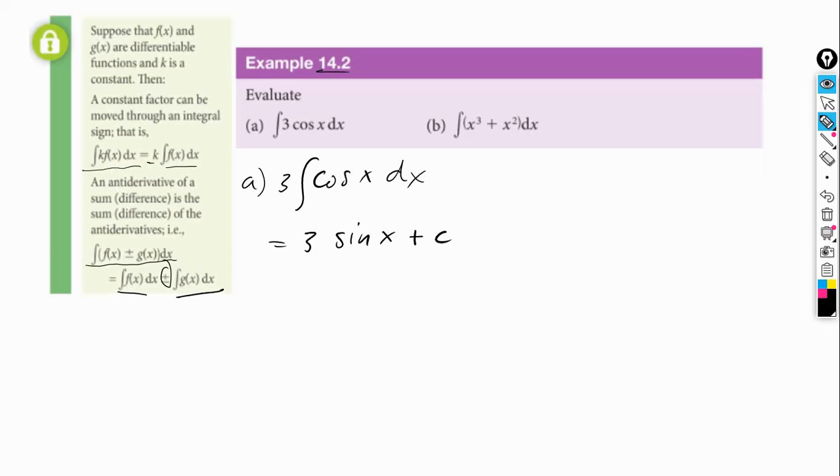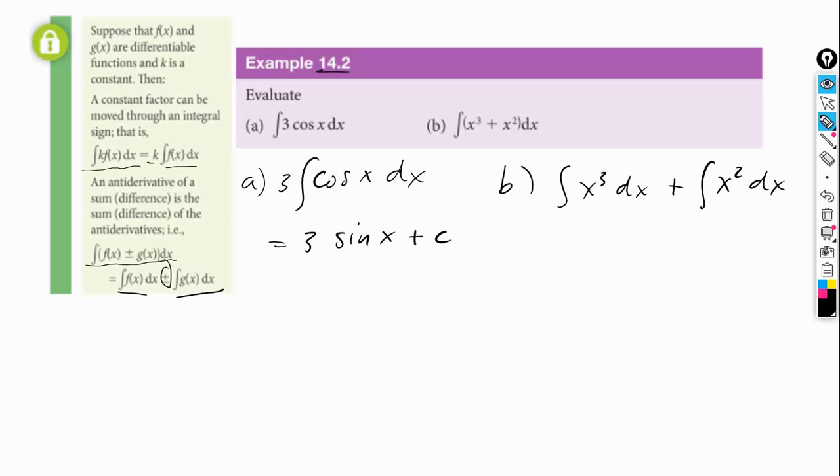For b, we can apply the rule for splitting the integral into its sums. So we could rewrite it as integration of x cubed, and don't forget to write dx, plus integration of x squared, and don't forget to write dx.